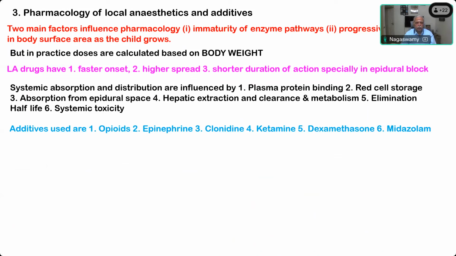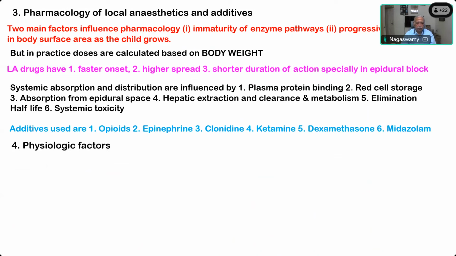And additives, we can use opioids, epinephrine, clonidine, ketamine. That is, preservative-free ketamine is also recommended. Dexamethasone and midazolam. These drugs have been added as additives to prolong the block duration and quality in pediatric patients, which is officially recommended.